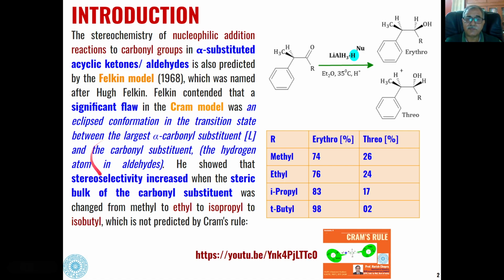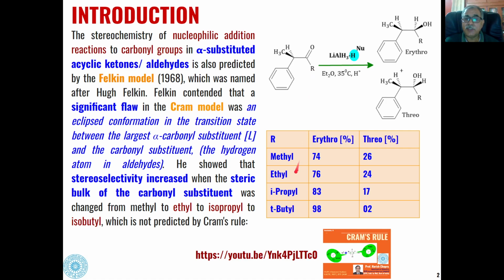In case of aldehydes, this carbonyl substituent R is going to be hydrogen, and it can be an alkyl group in case of ketones.